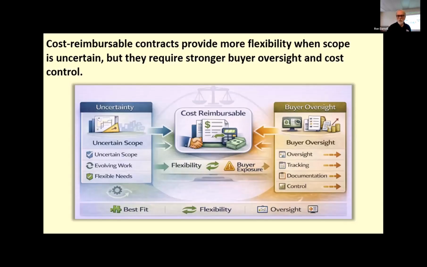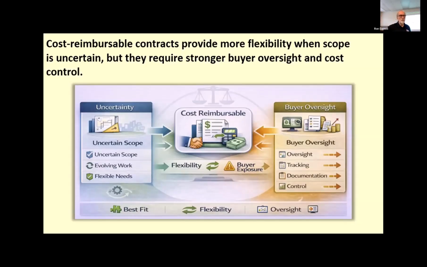So from a project performance perspective, a cost reimbursable contract doesn't reduce the need for discipline. It increases the need for discipline on the buyer side. So it's much more monitoring, making sure that the vendor's paying attention to the cost. The project team needs good cost tracking, strong visibility into what the supplier's effort is and what they're spending.